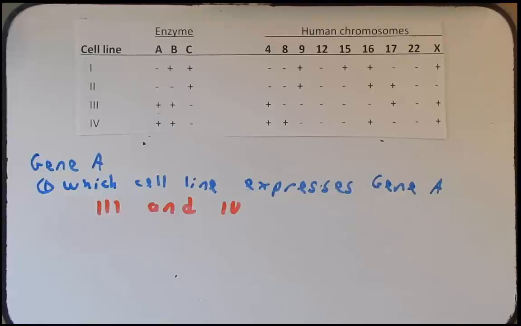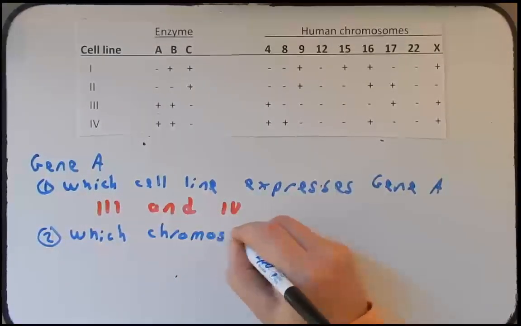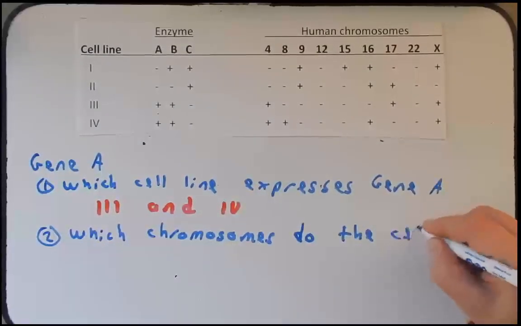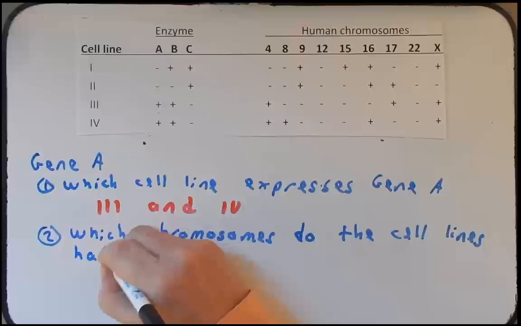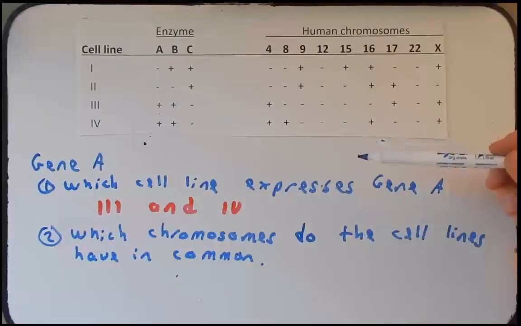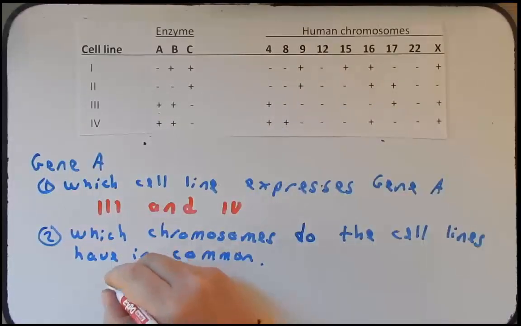The next question is, which chromosomes do the cell lines have in common? So as we look at this, we can see that cell lines 3 and 4 both have chromosome 4. So let's write that down here.